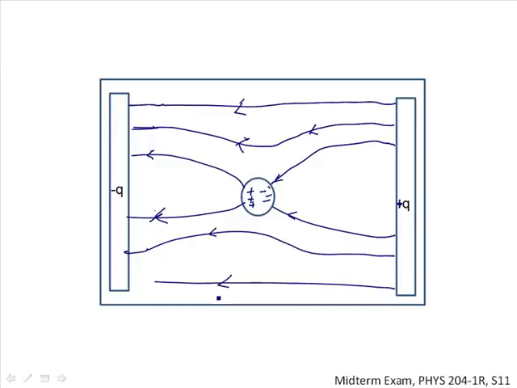And then your equal potential lines over here are just going to be straight across, and they will begin to curve around the sphere in the middle.